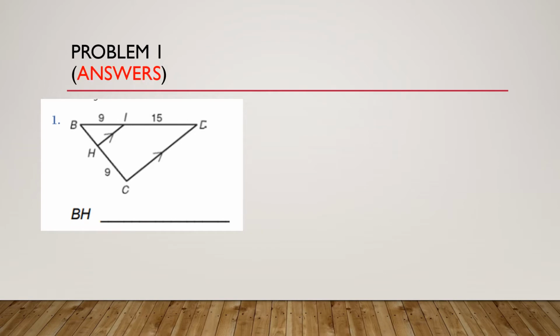On this one, we're going to use the triangle proportionality theorem because we can see that HI is cutting the triangle and it's parallel to CG. Now we're going to set up our proportion. That's always our first thing.